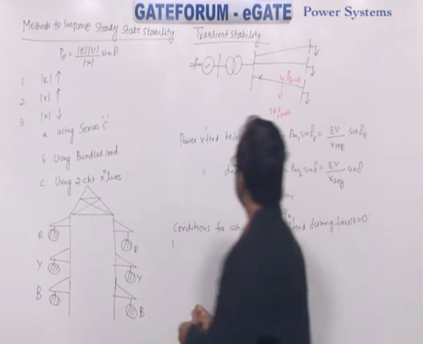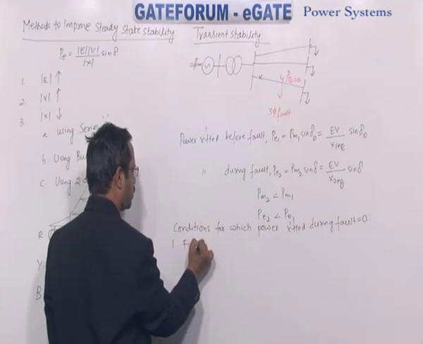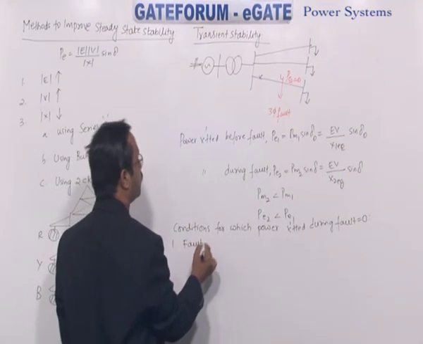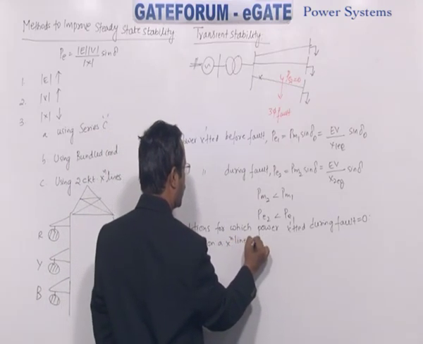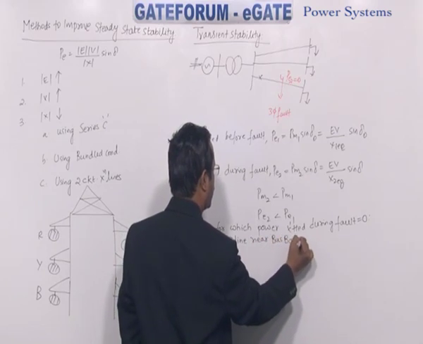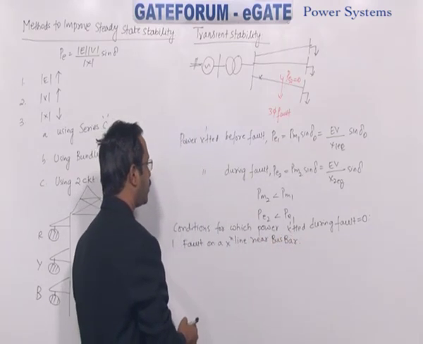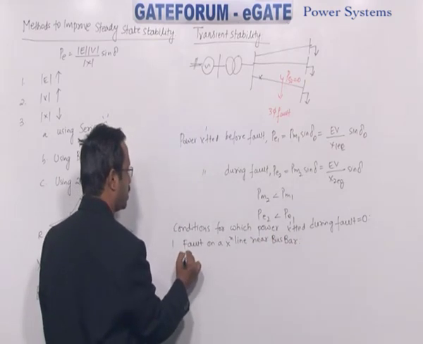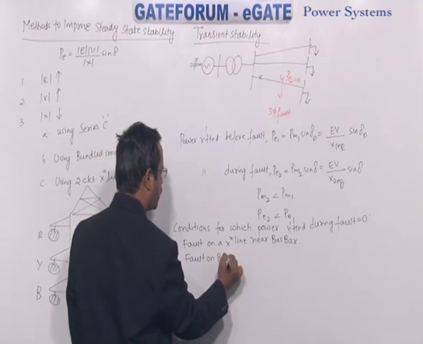So what is the first case? The occurrence of fault on a transmission line near bus bar. How do you treat it? You treat it as a fault on the bus bar.